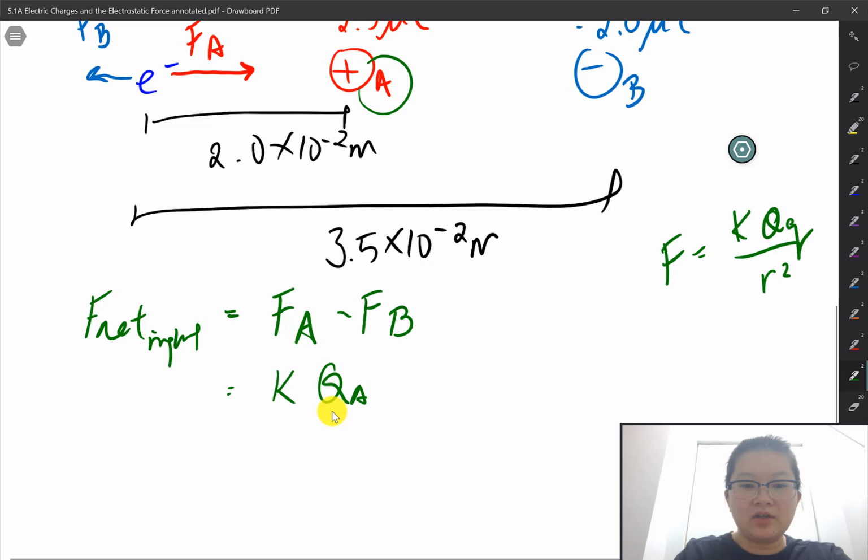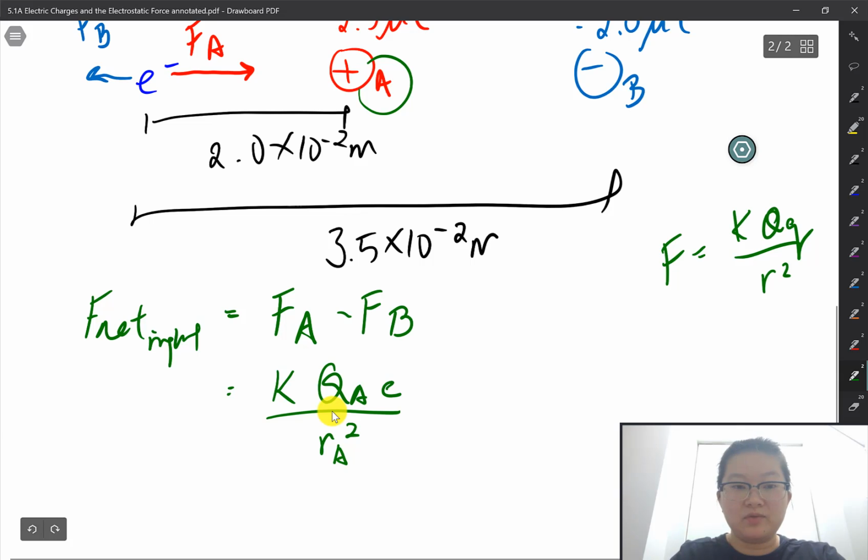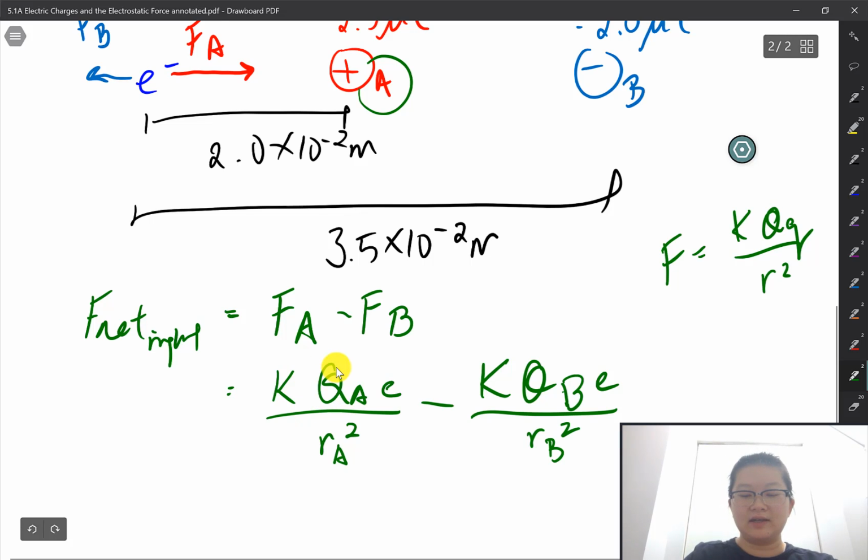And then the small q is going to be my electron, which I'm going to use e for, divided by the distance to A squared, minus the Coulomb force due to B, that's going to be K times QB times the charge on an electron, divided by the distance to there squared. Okay.